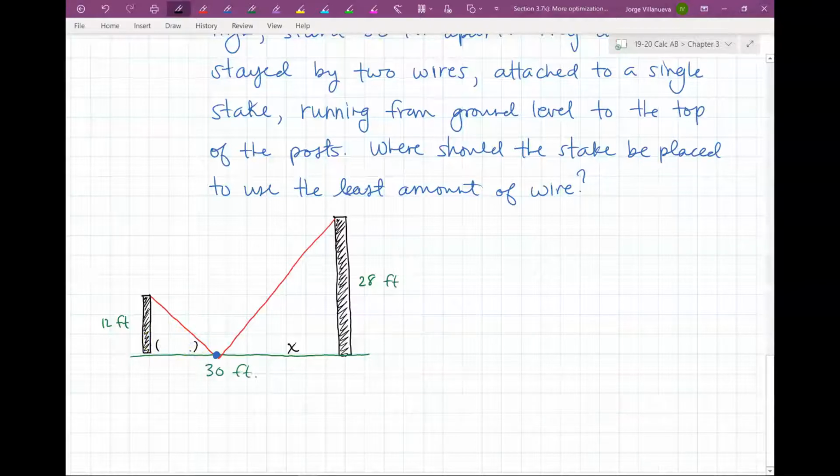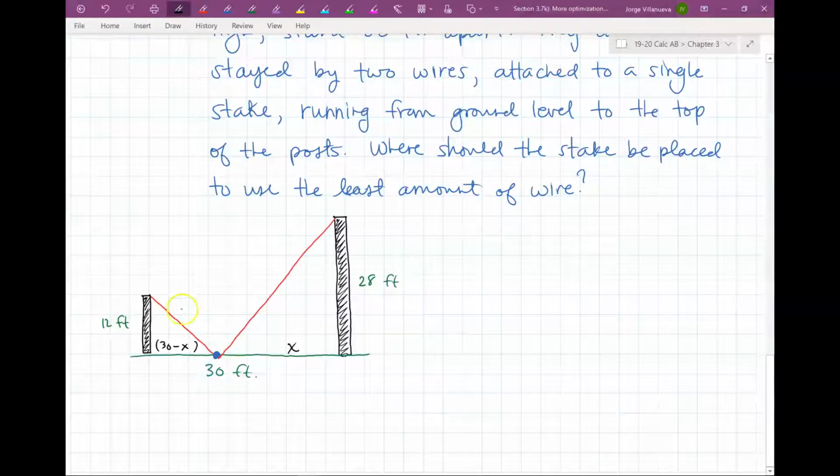The whole distance is 30, and I marked that other side X, so it's 30 minus X. Because if X is 10, that means the other side is 20. If X is 20, then the other side is 10. It has to change equally. So we know that's 30 minus X.